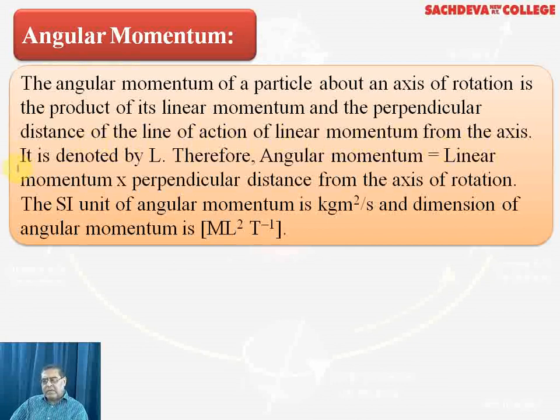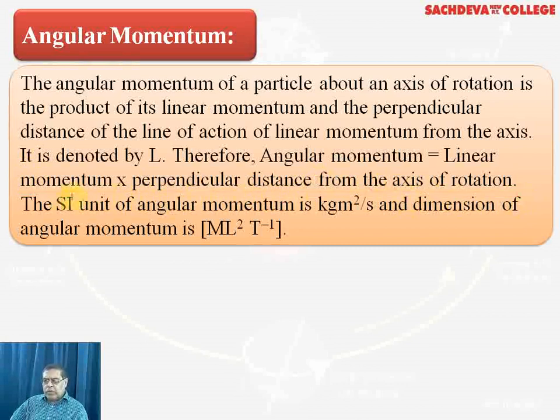That is the distance of the line of action of the linear momentum from the axis of rotation. As I explained earlier, angular momentum is represented by L and its equation is either I omega or mvr. Therefore, angular momentum is equal to linear momentum multiplied by perpendicular distance from the axis of rotation.